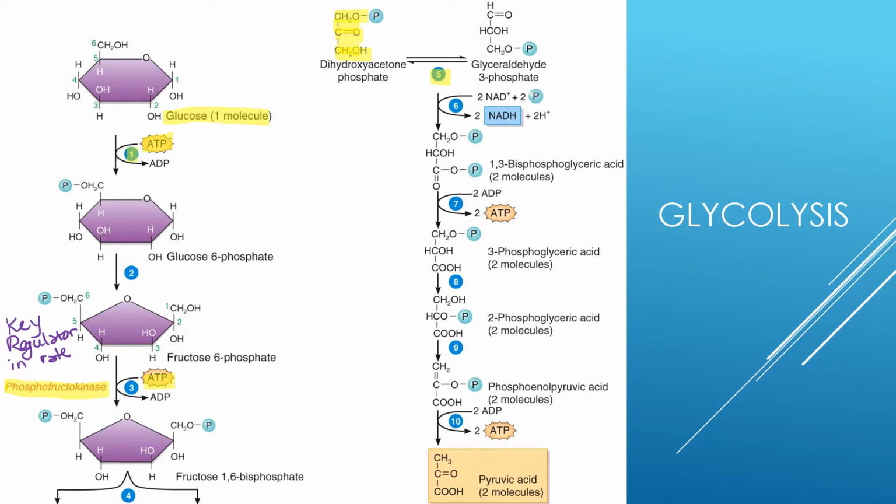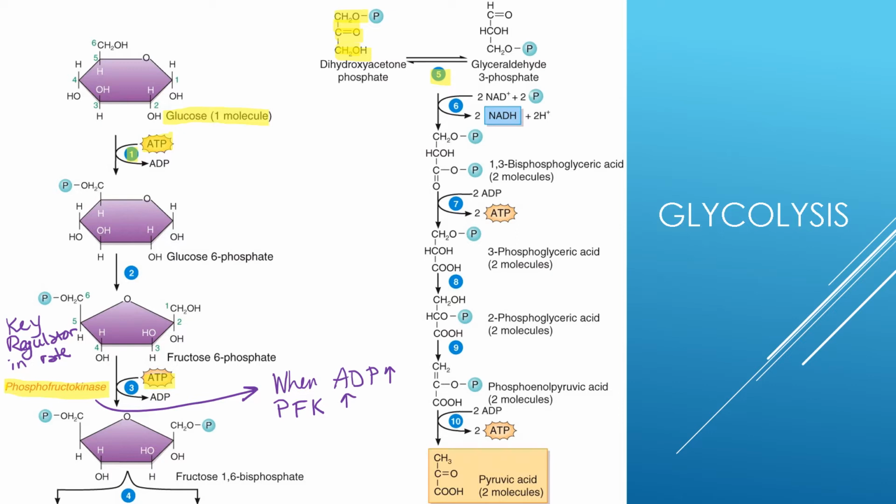Now, quickly with phosphofructokinase, it can have really high activity, or can work very quickly, when ADP is high. Then ATP is produced quite rapidly. So when ADP is in high concentration, phosphofructokinase is going to have high activity.